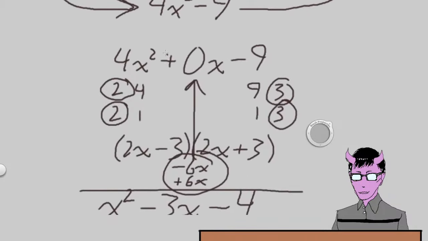All right. So those ones, again, the 4x squared comes from the first term times first term, so that's good. And then the two middle terms have canceled out, and then the last term times the last term, negative times positive, gives us negative, and then 3 times 3 gives us 9.